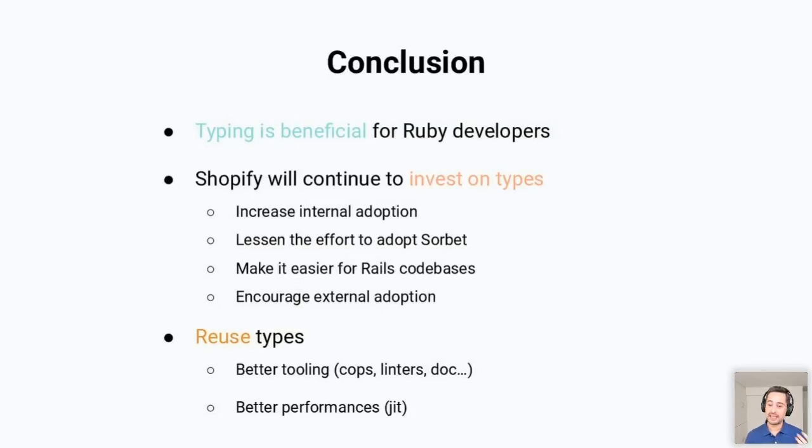Even longer term, there's also a future where if we can make the Ruby interpreter aware of the types that our methods are accepting or returning, then we can use them to make the performance of Ruby runtime code better. Currently, the Ruby interpreter has no idea what the type of a given method argument is.